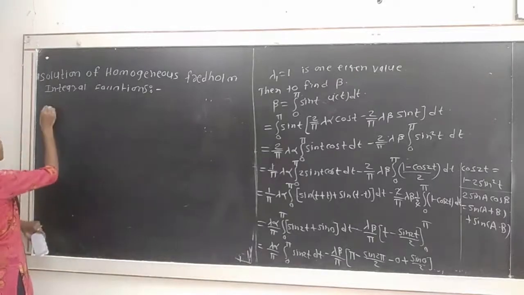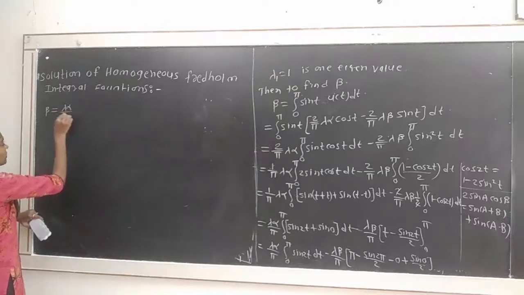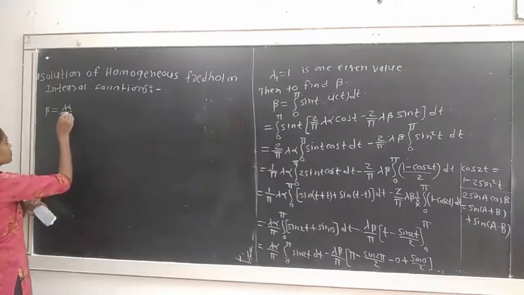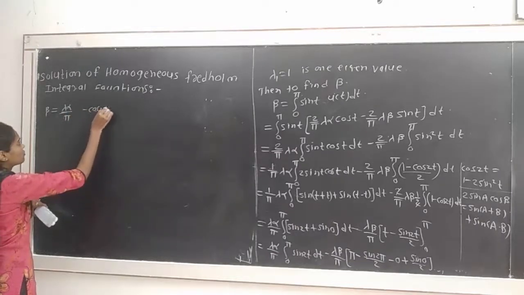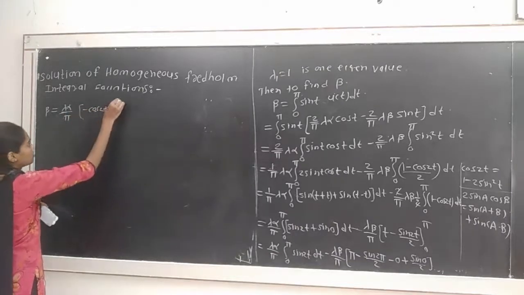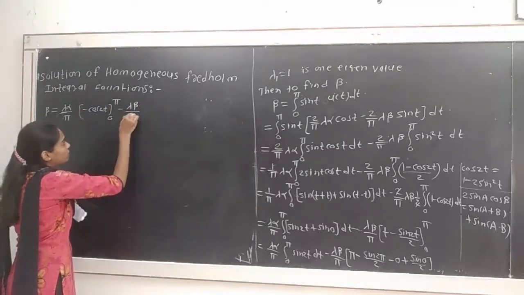So we have beta is equal to lambda alpha divided by pi. Integration of sine 2t will be minus cos 2t from 0 to pi. Then minus lambda beta divided by pi.